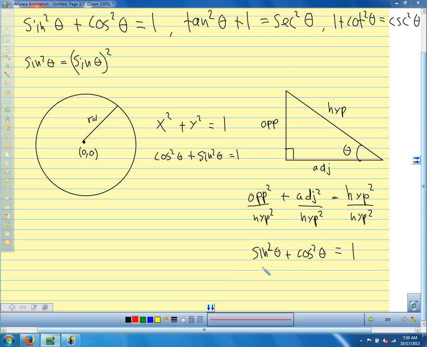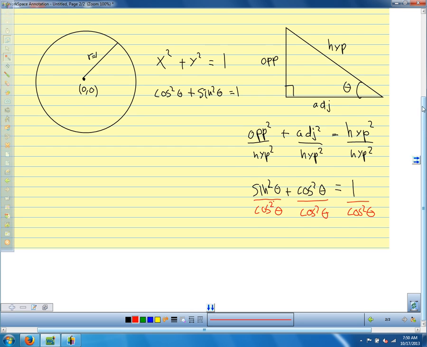I'm going to divide everything in this equation by cosine squared theta.